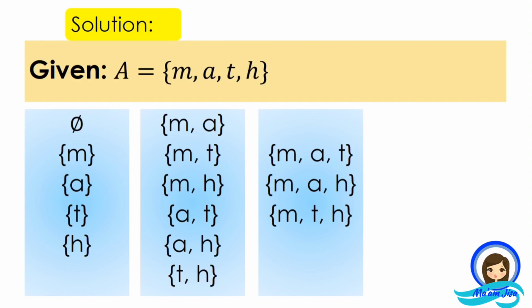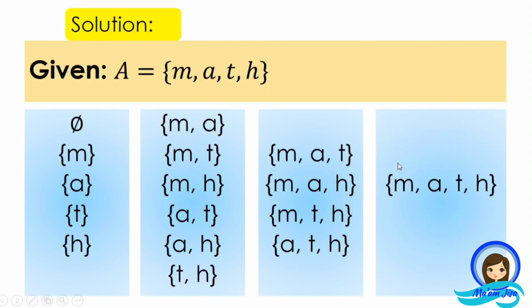There are still 2 lacking subsets. We have the subset containing ATH. This is our 15th subset. And finally, our last subset is the set itself containing the elements M, A, T, H.